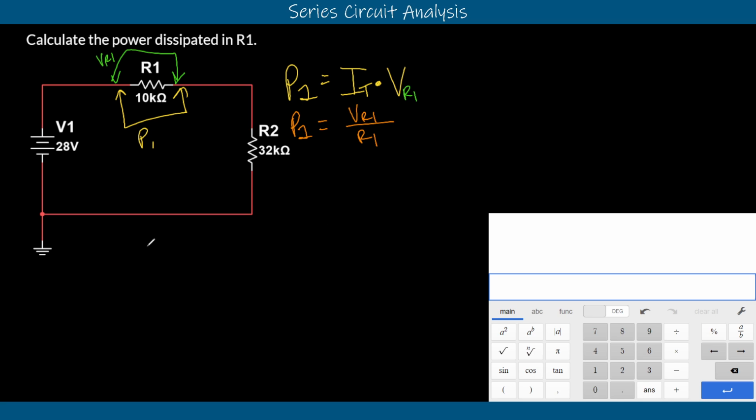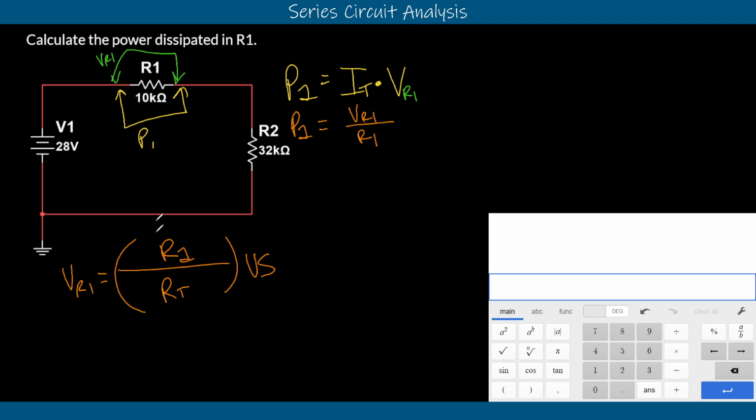So our voltage divider says want over have multiplied by our voltage source. And these two wants over have sections are going to be what resistors you want and what resistors you have. So what we want is going to be the voltage across R1, which means that we need to want R1 resistor up here. And on the bottom, we have a have, and that's going to be our total resistance, RT.